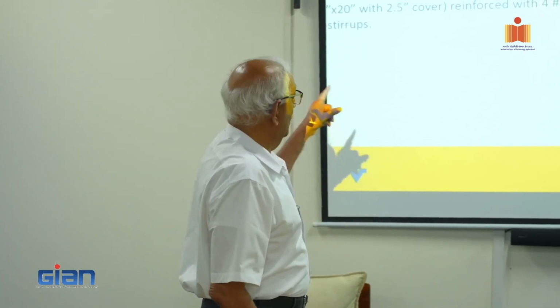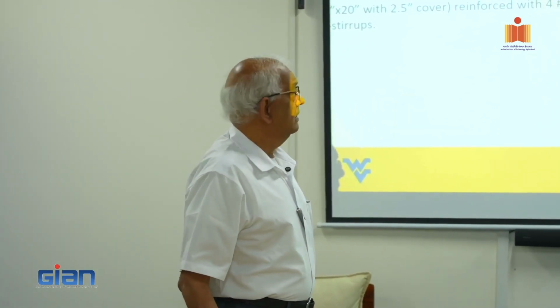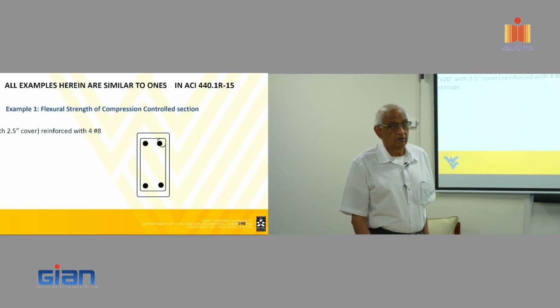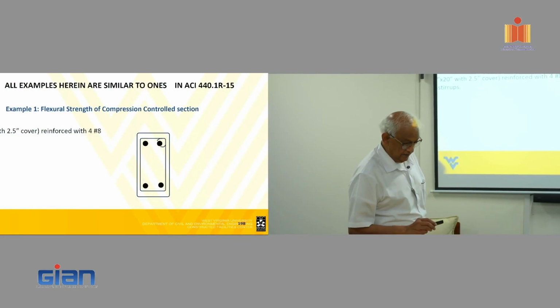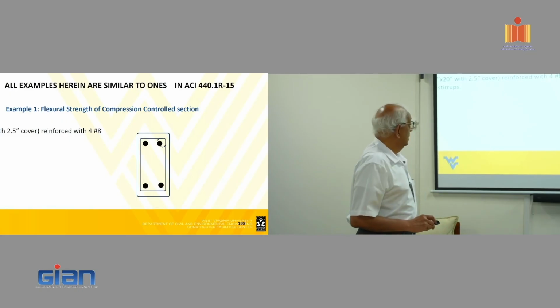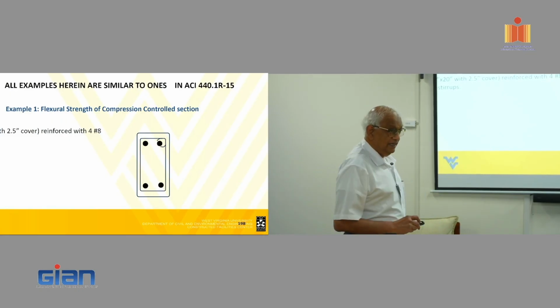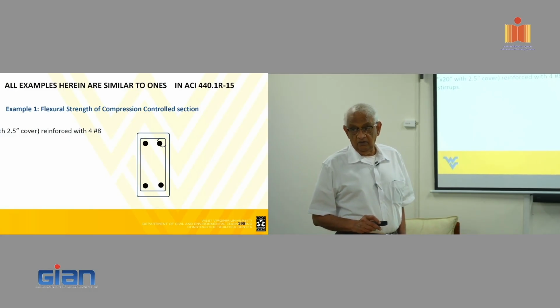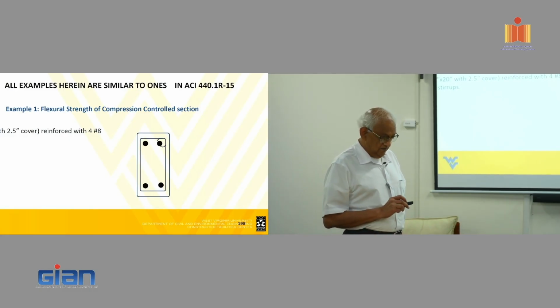Okay, this is a compression-controlled section. And this is a rectangular section, 12-inch by 20-inch section with a cover of 2.5 inches.